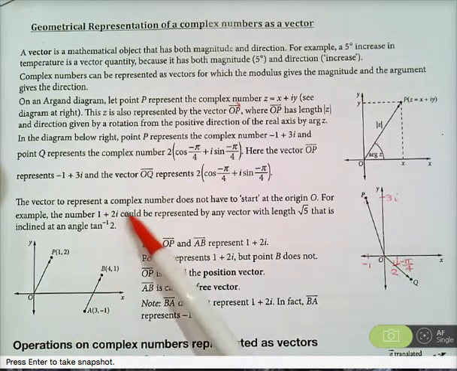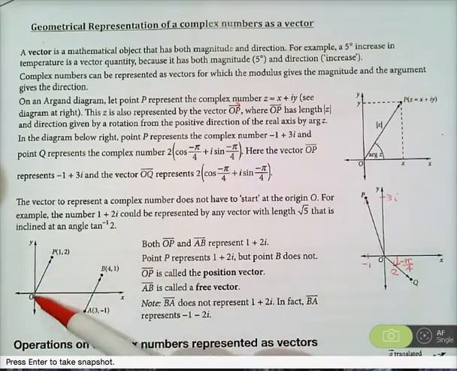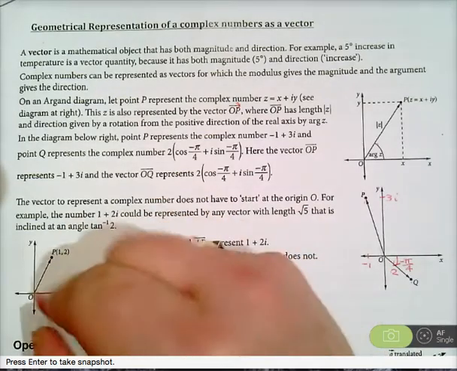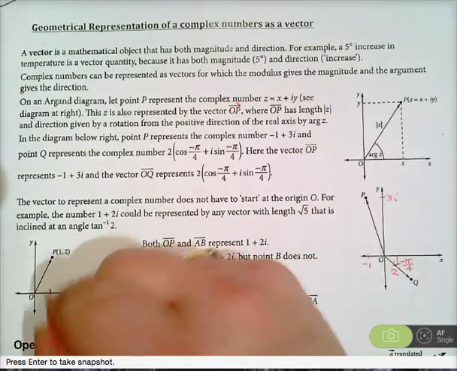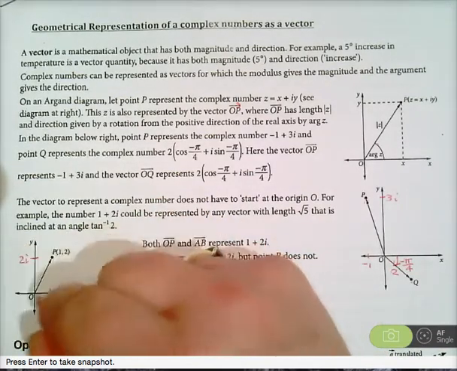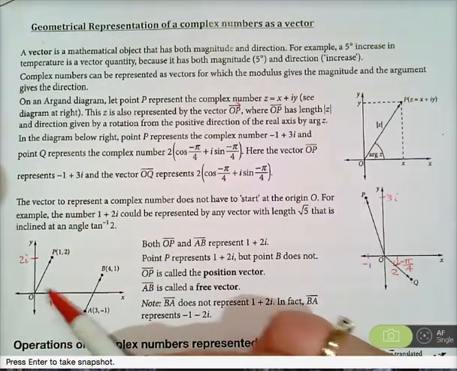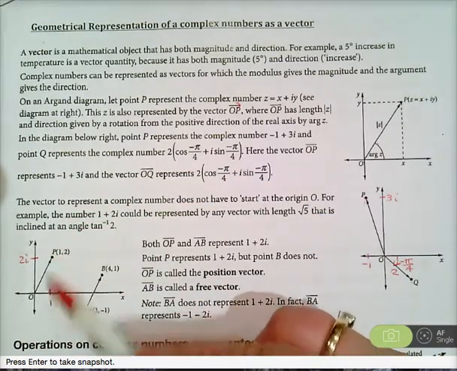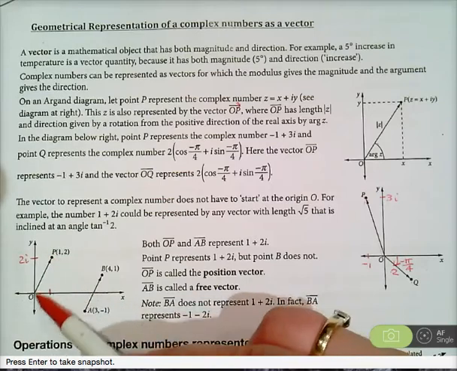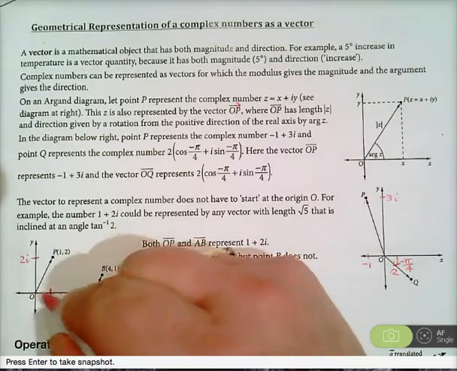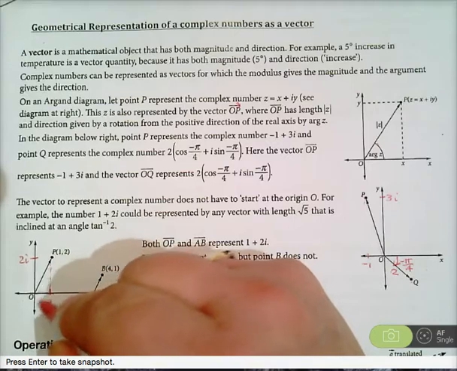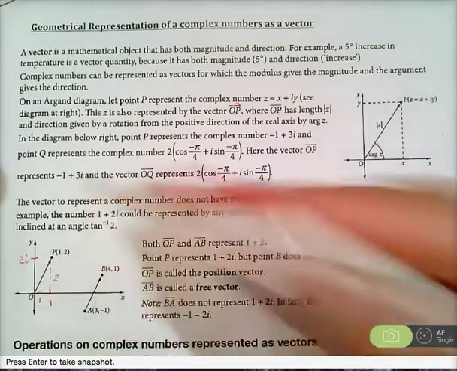Now, the vector to represent a complex number doesn't have to start at the origin. For example, look at this point (1, 2). That means go across 1 and up 2i. So the point P, which is really 1 plus 2i, has a length. If I draw a right angle triangle here, the length here is 1 and the length there is 2.